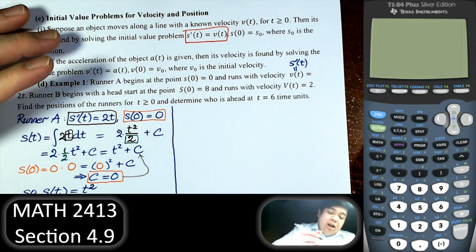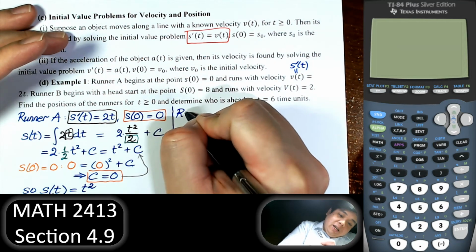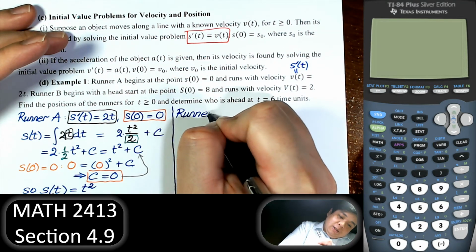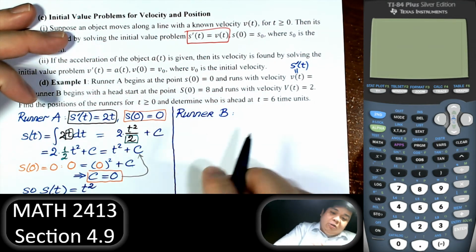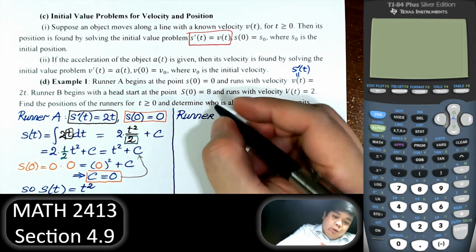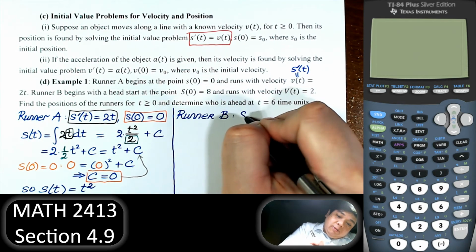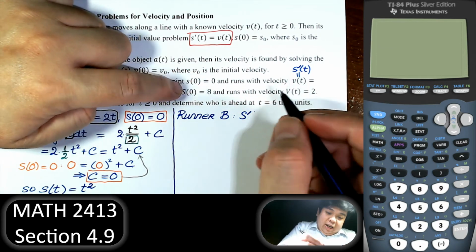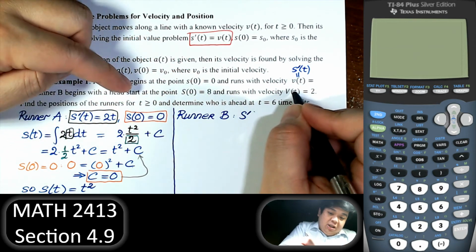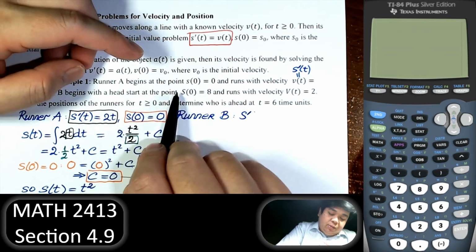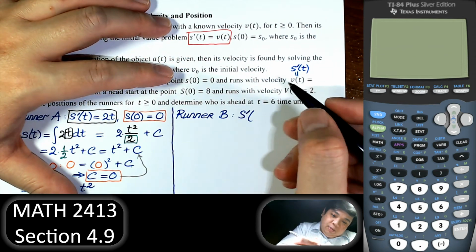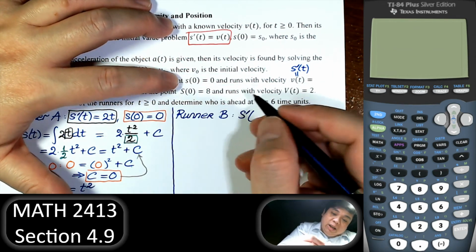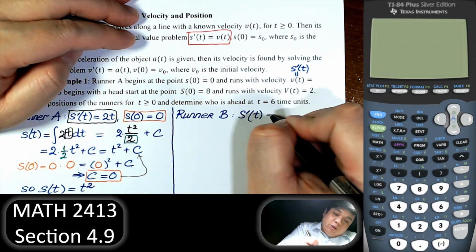Right, that is runner A. Runner B, velocity is equal to a constant 2. Velocity is the derivative of the position function. Now I use the capital S because this is capital V. So capital S and capital V. So the derivative is equal to 2.